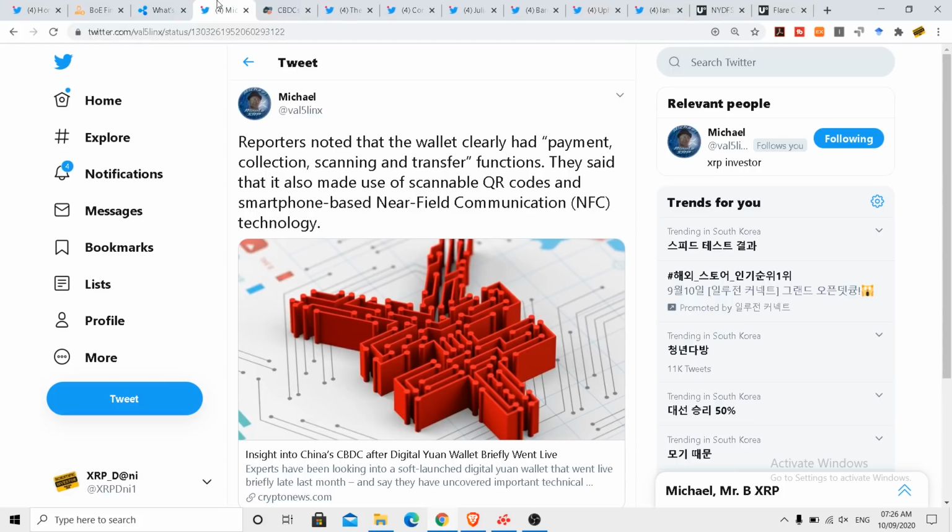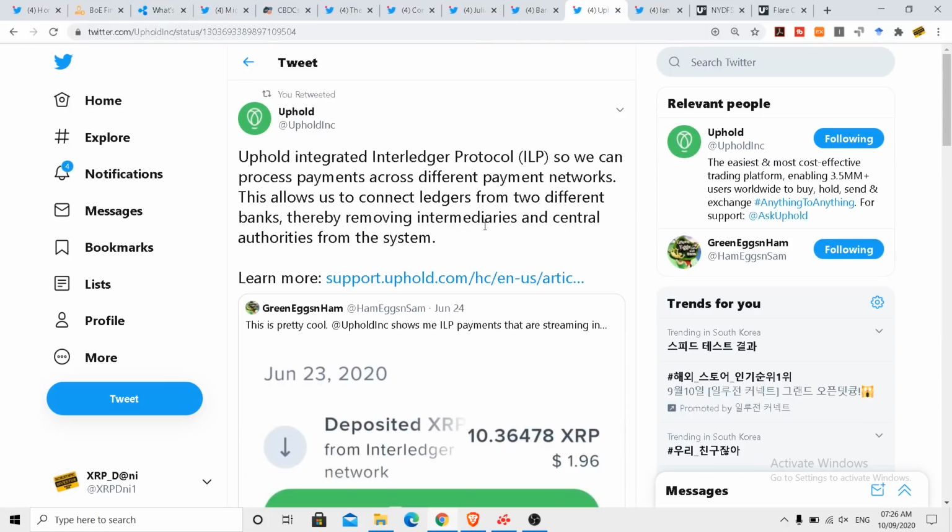But looking at the wallets which are being provided to the masses, they will then be interoperable with other kinds of wallets, such as, if you look at Uphold, you'll understand that it is working with the Interledger Protocol. So it can take value from any ledger, any wallet. That gives them the ability to do that.